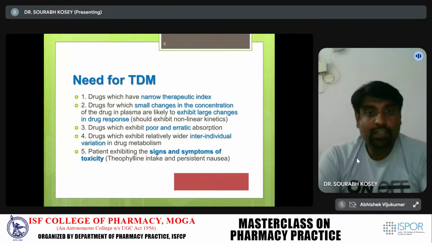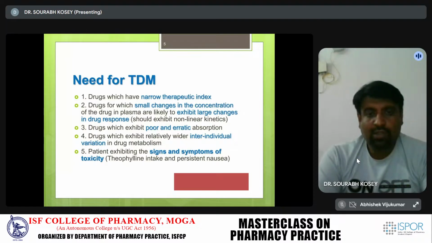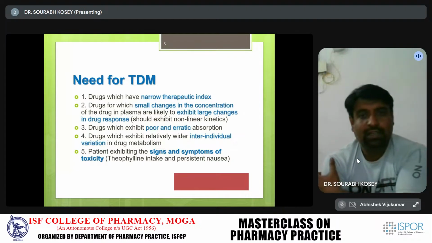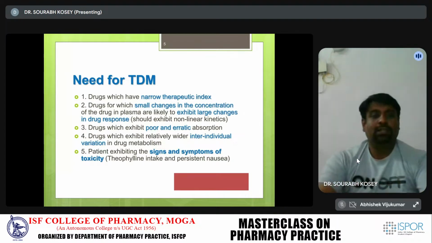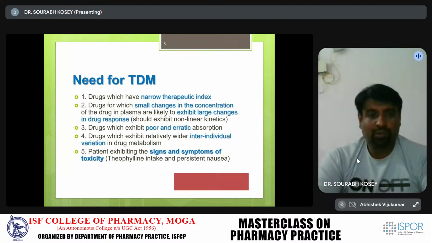So we need to see that the medicines which are having low or narrow therapeutic index, for those medicines we have to make the changes in the concentration. Okay, so when it goes to the acidic media or concentrated media inside the plasma protein levels and tends to bind, then it makes a change in the drug's response.